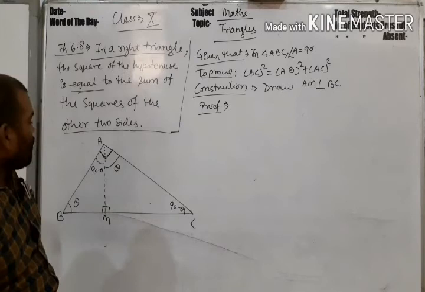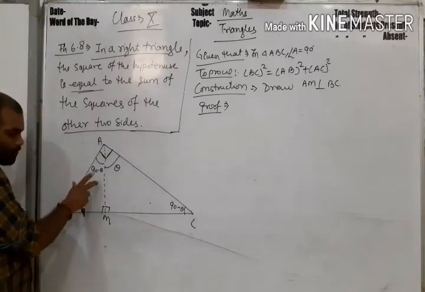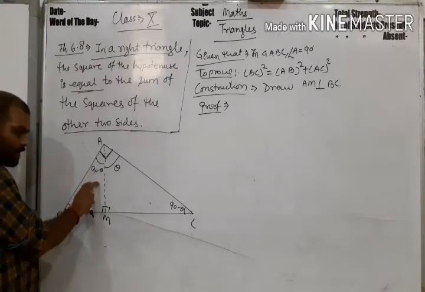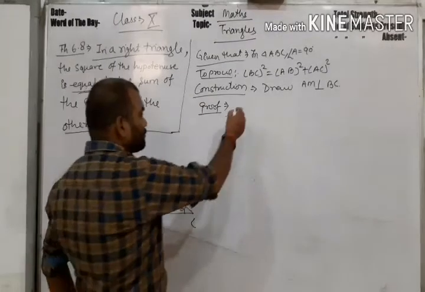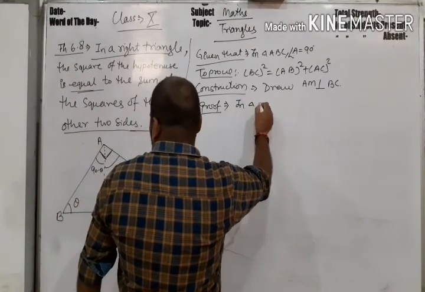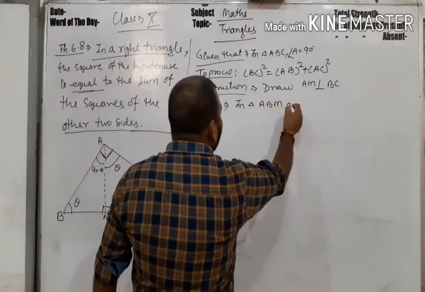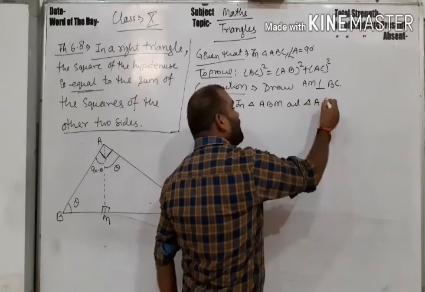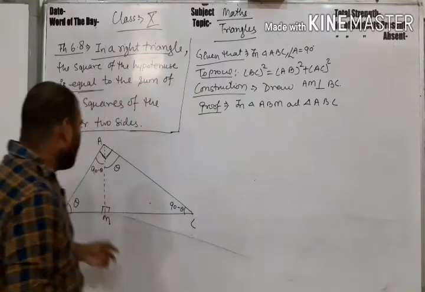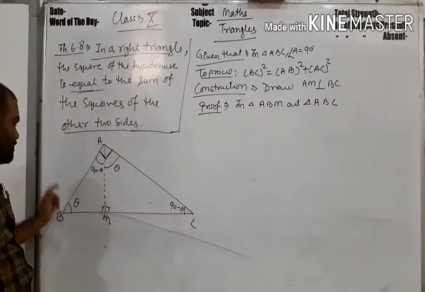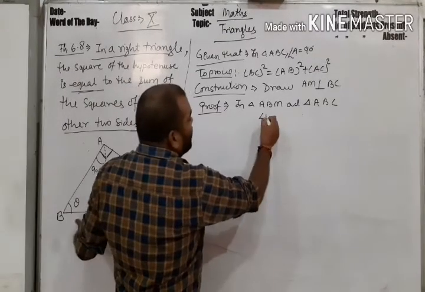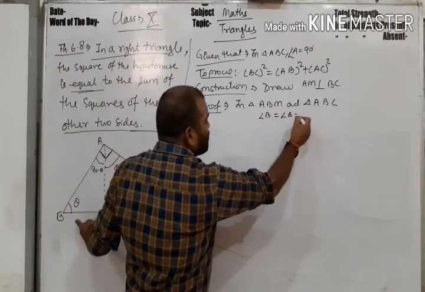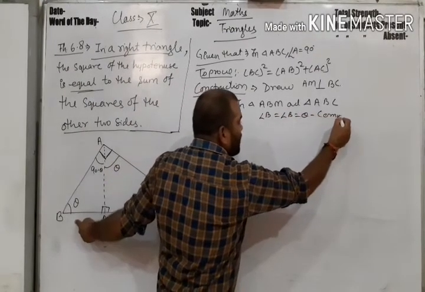Okay, now what we will do, we will prove each triangle similar to the whole triangle, like in the previous case, that is in triangle ABM and triangle ABC. In triangles ABM and ABC, angle B is common, so we can write angle B is equal to theta degree, that is the common.